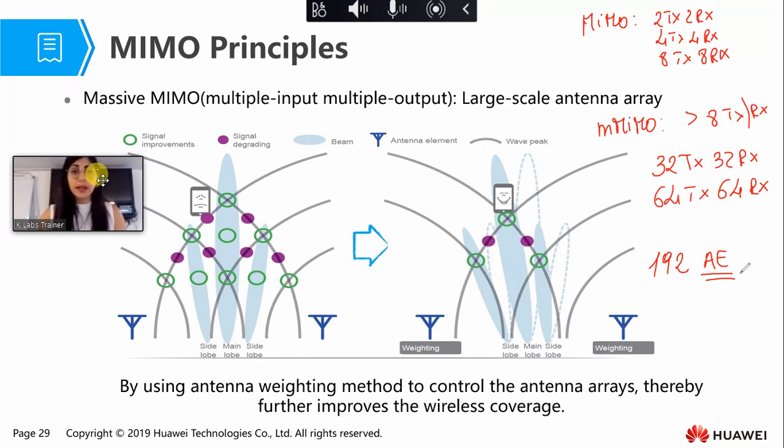And together with the directivity, this means that we increase the gain of our antenna. And increasing the directivity, we also increase the coverage of our antenna. So with the massive MIMO solution, we can increase the throughput, we can increase the reliability, we can increase the coverage.